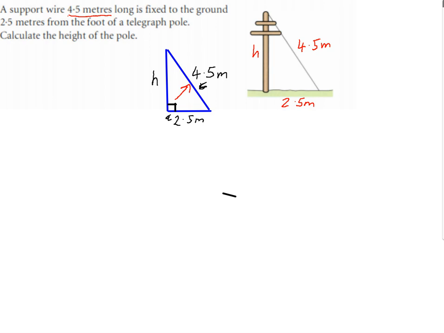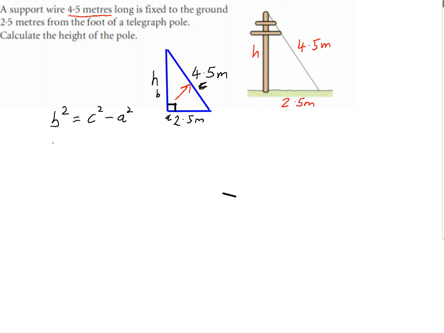So that is C. This one will be B. So our formula is going to be B squared is equal to C squared minus A squared for this one, because we're making sure that we have the part we're looking for on its own, so this length here, and then we have the longest side first minus the other short side, squares of both of those. So it's always the longest side that goes first when we're subtracting.